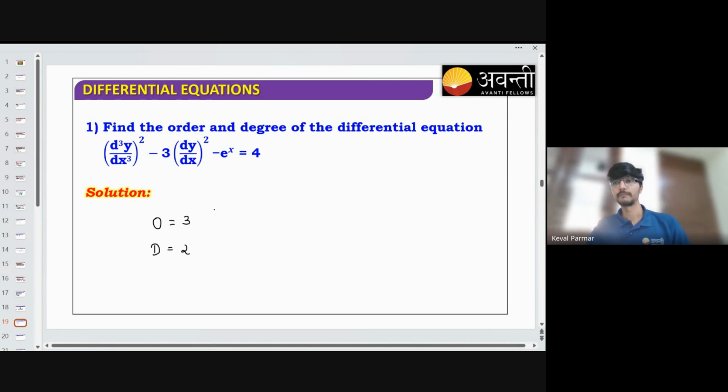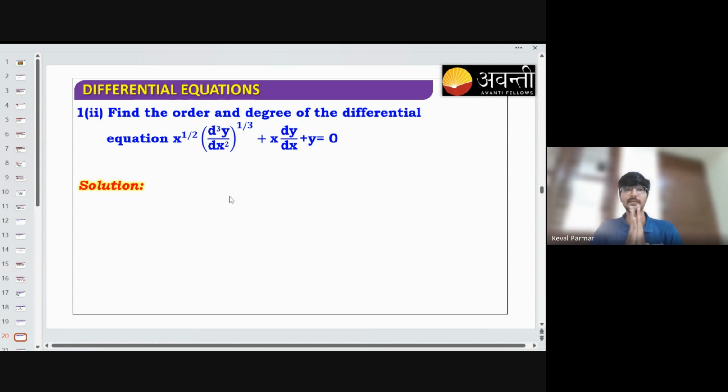Very good. Same answer Antara also gave. Well done. Why? Because this is a polynomial equation with no fractional powers. There is an exponential term, but there is no differential coefficient there. Right? So, highest order is 3, so order is 3 and its power is 2, so degree is 2.